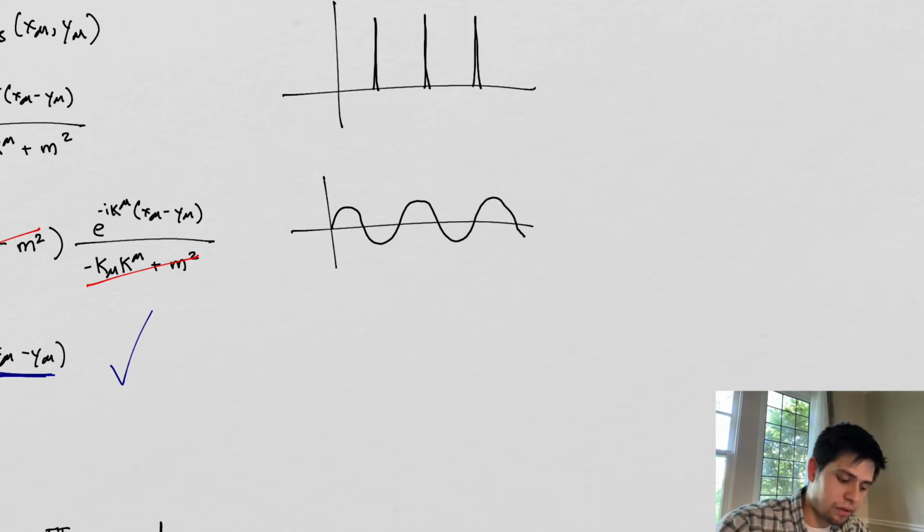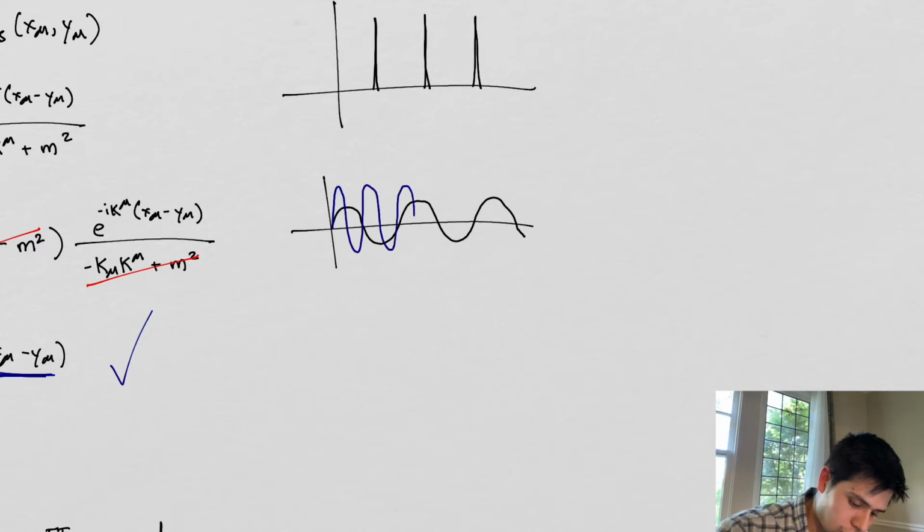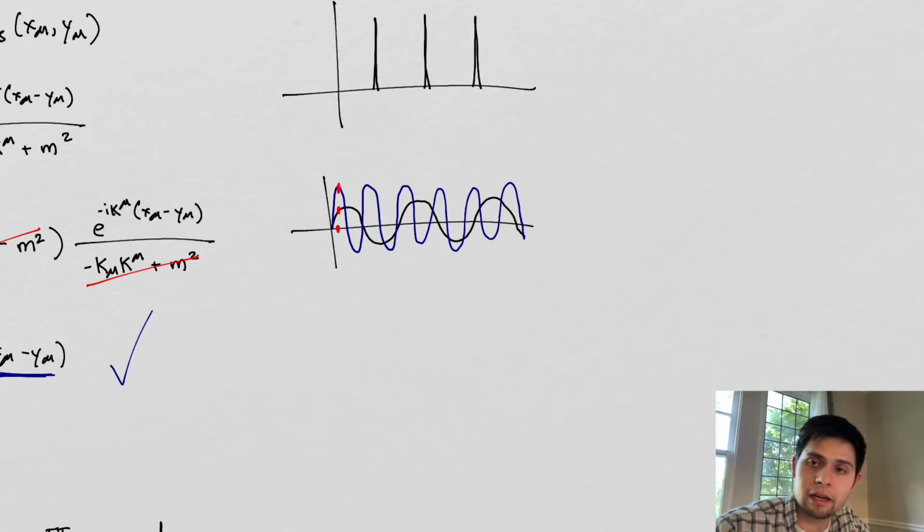If you take a sine wave and then take another one that looks like this, well, at this point here, right here, we're going to get these two values adding up to each other.